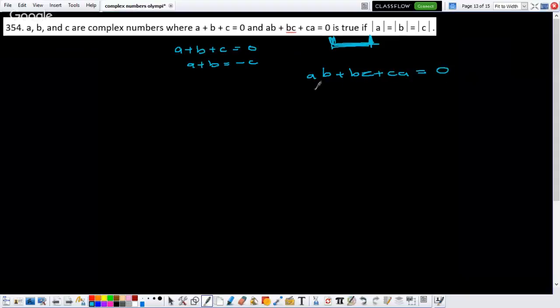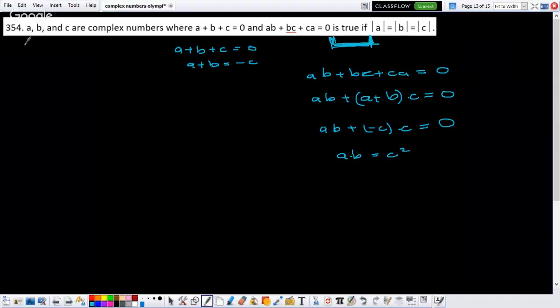If I get C times (A plus B) plus AB is equal to 0, and if A plus B is equal to minus C, it means that this is minus C times C, which is equal to 0. And then I will get this one, A times B is equal to C squared.